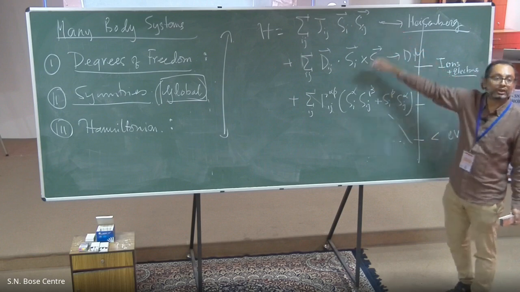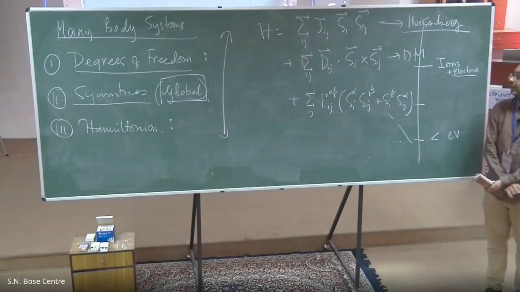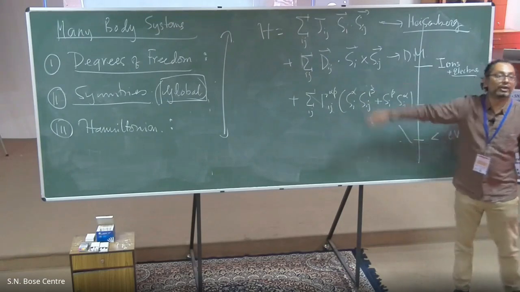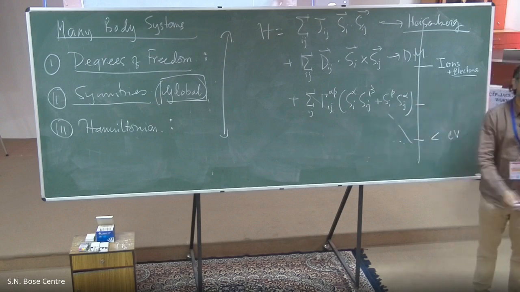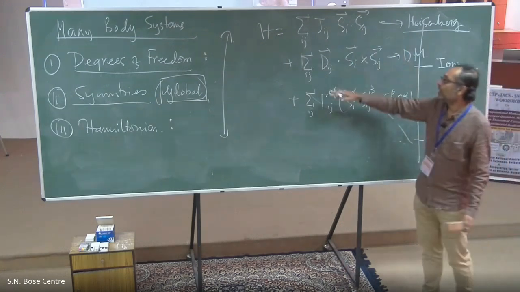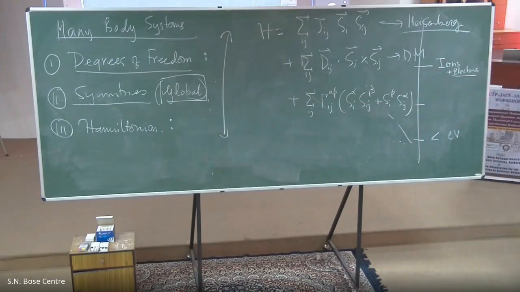All the others go to 0 because they break spin rotation symmetry, but may be allowed if spin orbit coupling is present, and some others may not survive. For this term to survive, you need to break inversion symmetry and things like that. One can do a symmetry analysis and get this form, and all these coupling constants are again t squared over U.